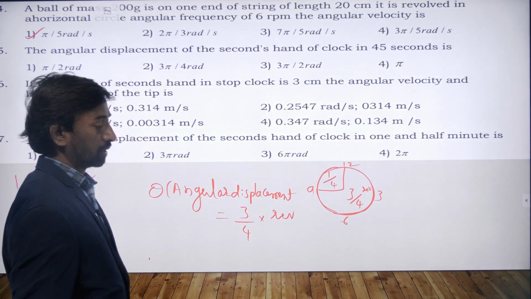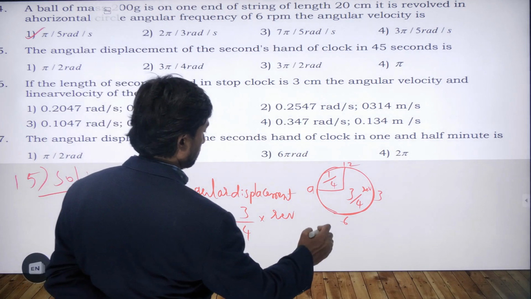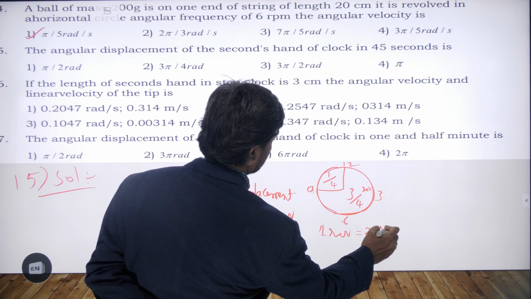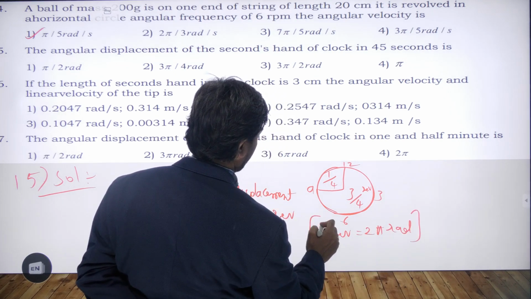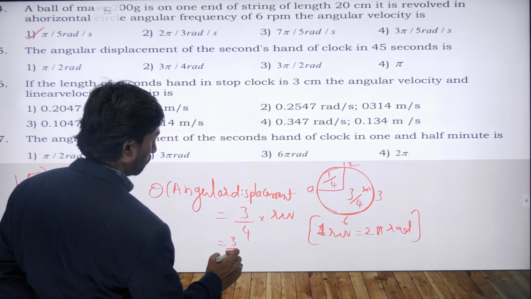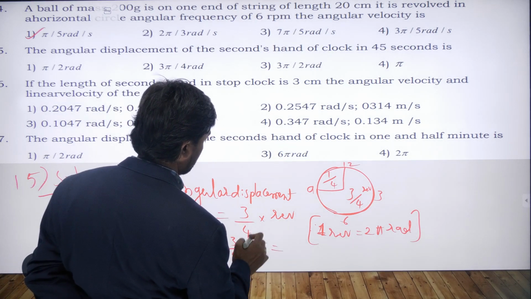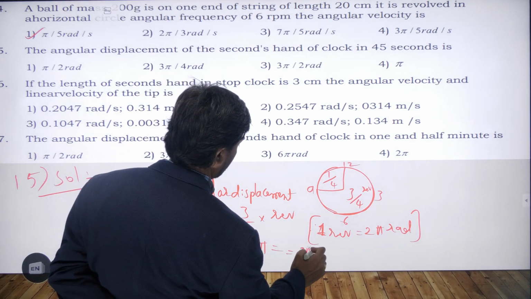So we should convert the revolution into radians. We know that one revolution is equal to 2 pi radians. So then here we can write 3 by 4 into 2 pi. It will become, with the 2s cancelling, 3 pi by 2 radians.